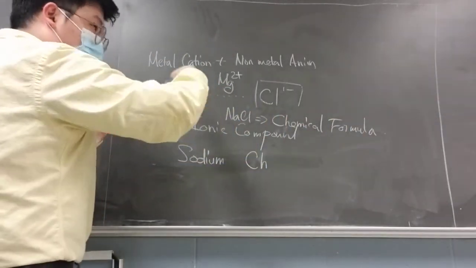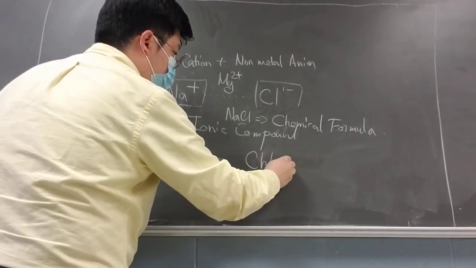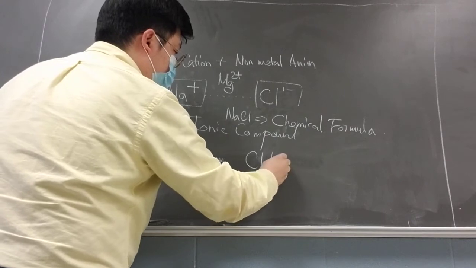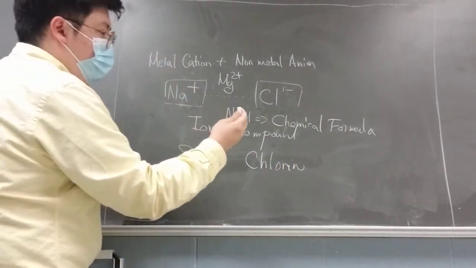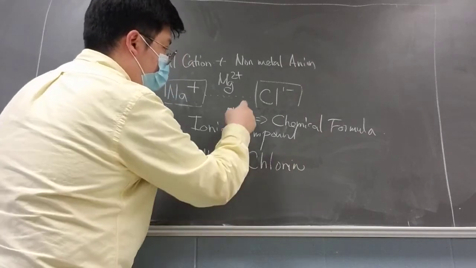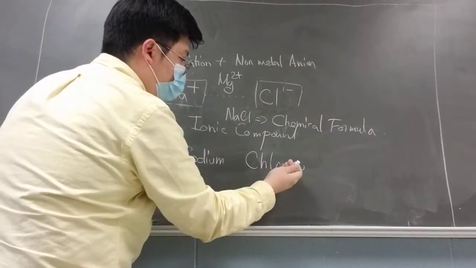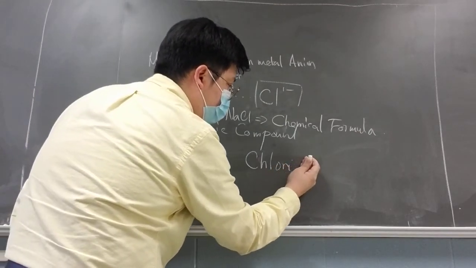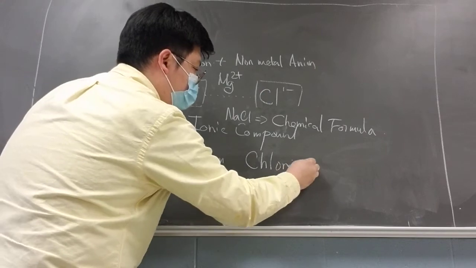So once again, always left to right in the periodic table. Sodium, and this is chlorine. But whenever you have the anion part of your name in the ionic compound, you get rid of that last -ine and put -ide.